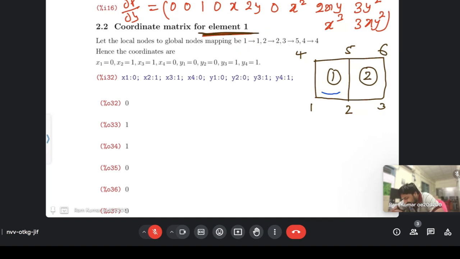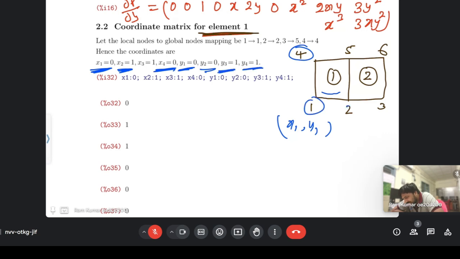So for x1, y1: x1 equal to 0, then x2 equal to 1, x4 equal to 0, then y1 equal to 0, y2 equal to 0, x3 equal to 1, then y3 equal to 1.